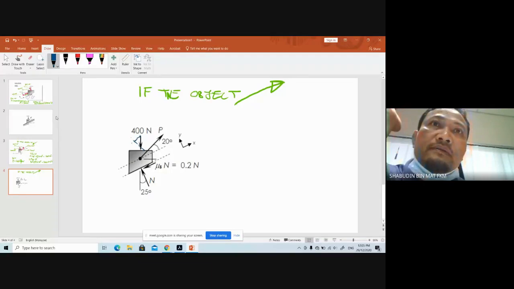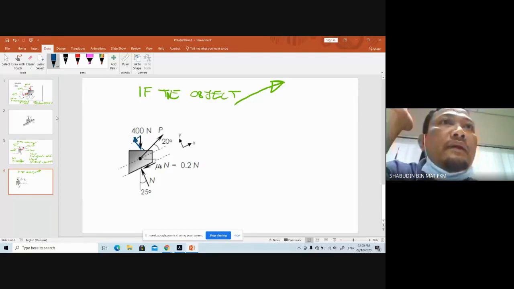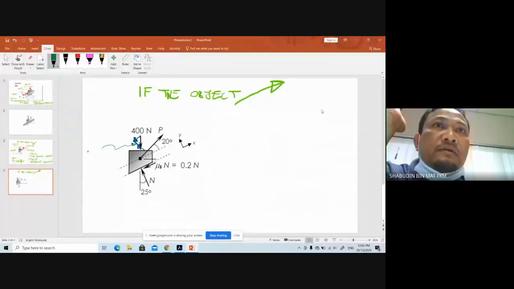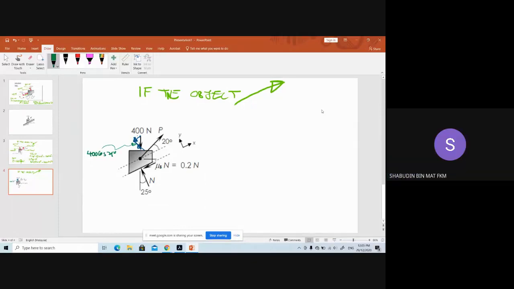That one is 400 cos 25 degrees. That one is 400 sine 25 degrees.